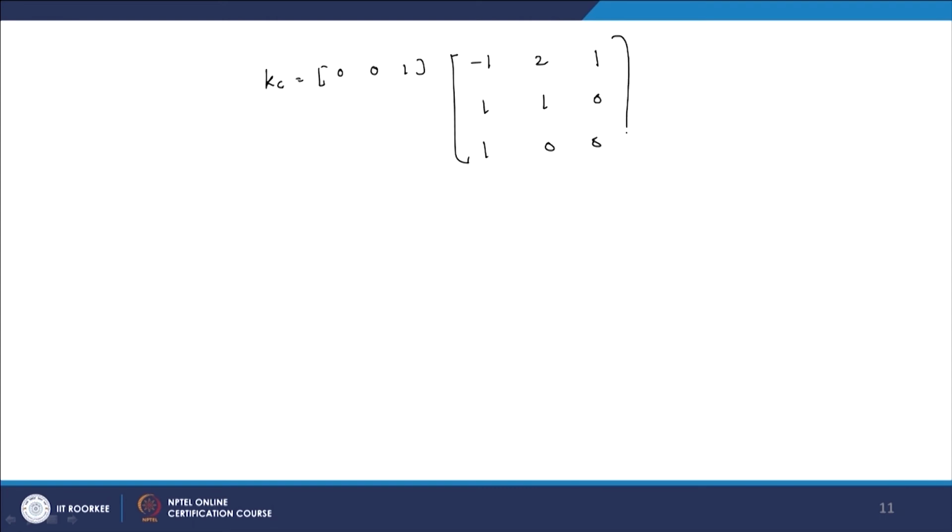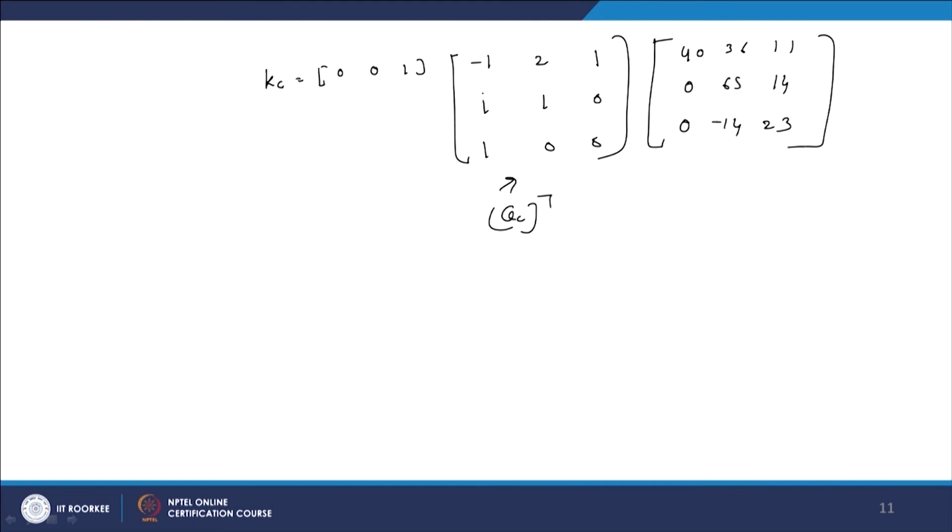This is basically your Qc inverse, and this phi of A we can write down as 40 36 11 0 14, then 0 minus 14 is 23.